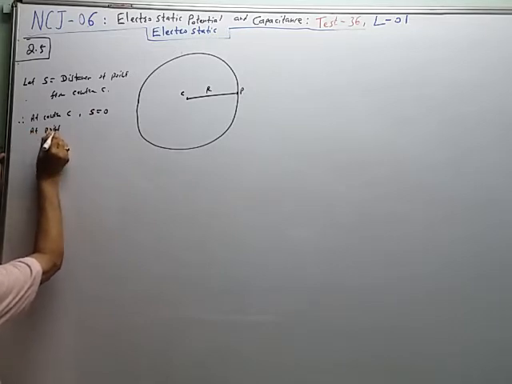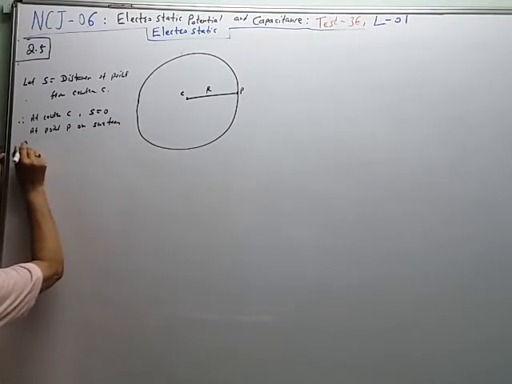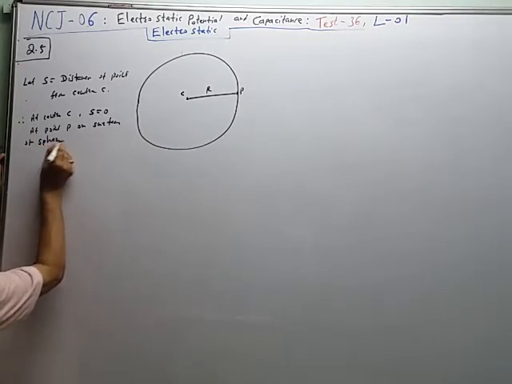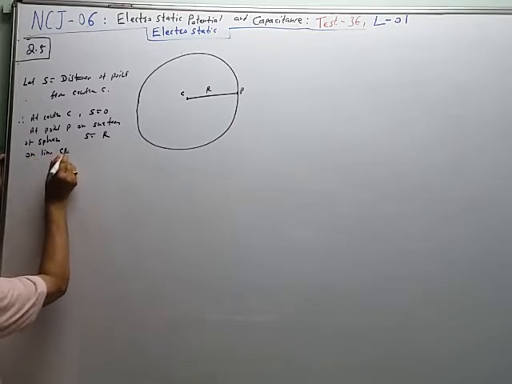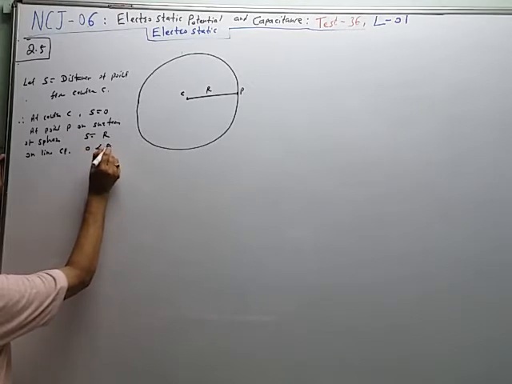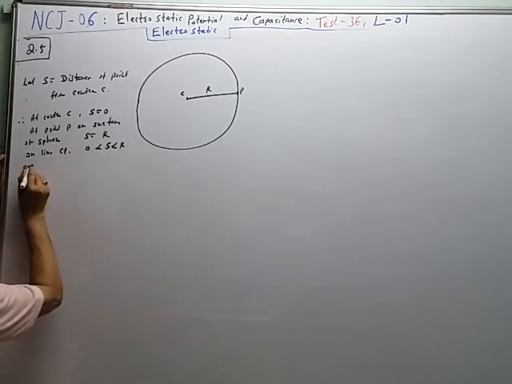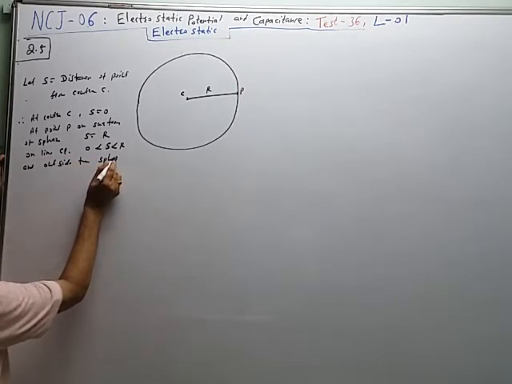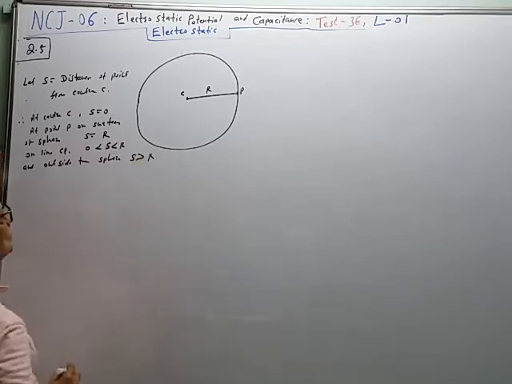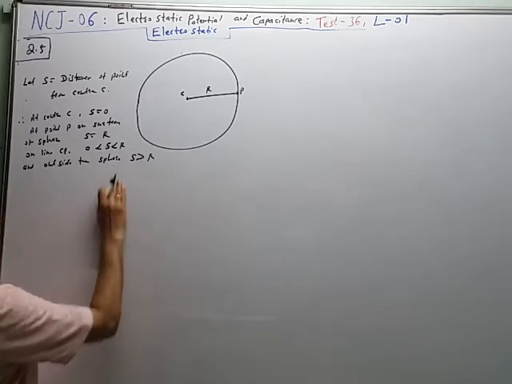At point P on the surface of a sphere, S is equal to R. On line CP, 0 is less than S less than R, and outside the sphere, S is greater than R. So these are the 4 regions. Now I will plot a graph.